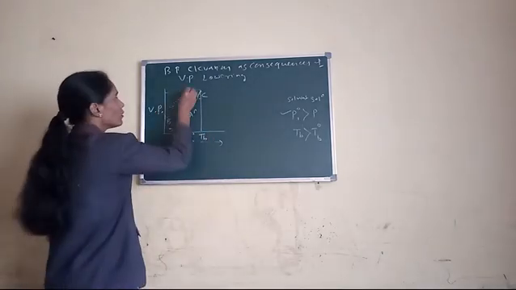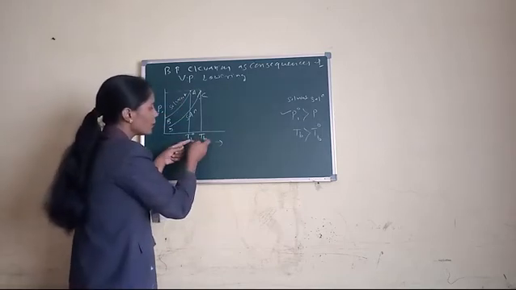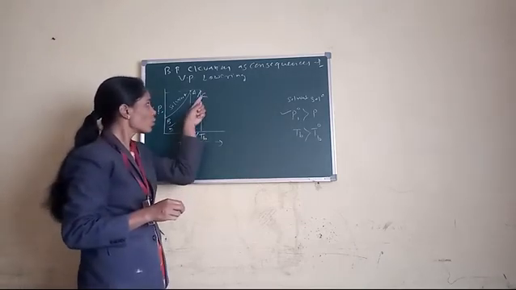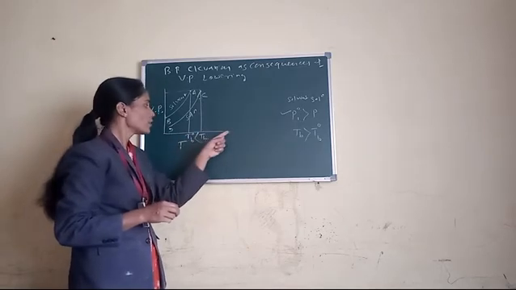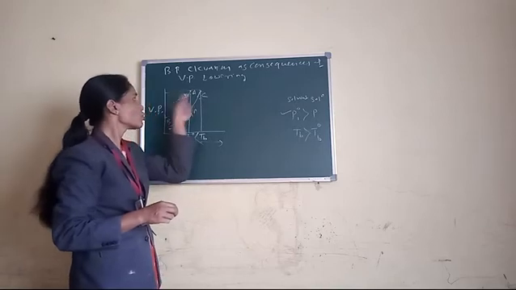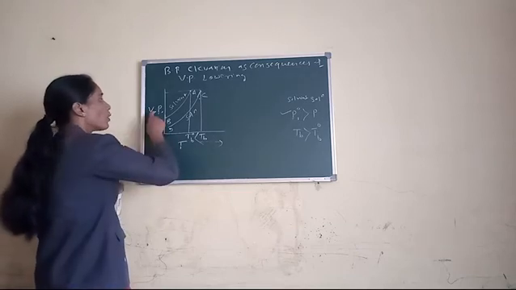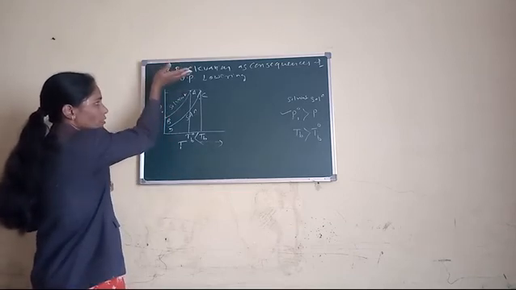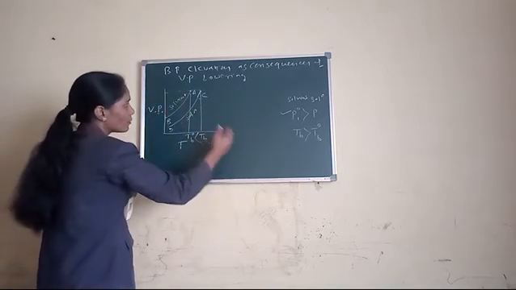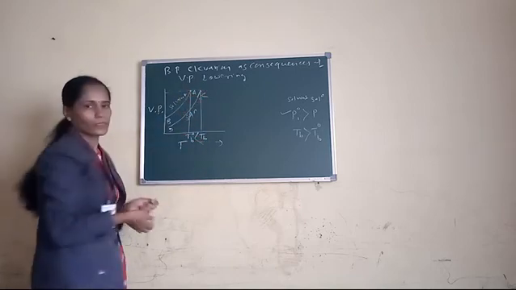Here TB is greater than TB naught, meaning the boiling point of the solution is higher than TB naught, the solvent. By this graph it is clear that the vapor pressure of the solvent is higher than that of the solution, and the boiling point of the solution is higher than that of the solvent.